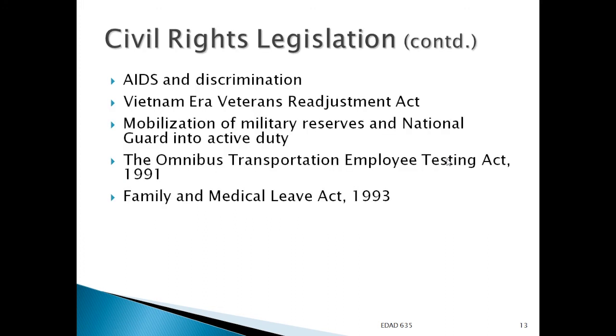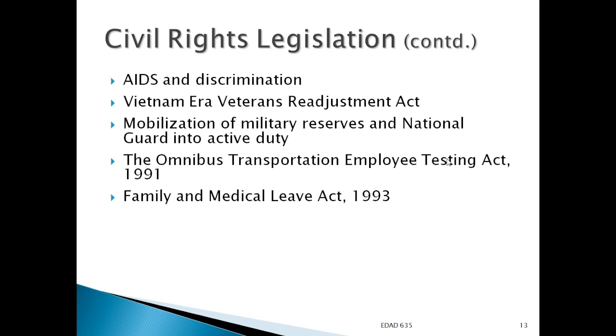I'm going on to slide 13. Further civil rights legislation: AIDS and discrimination, Vietnam era Veterans Readjustment Act. These deal with various ways in which an employer cannot discriminate against employees, and sometimes have even farther reaching implications in that they can be applied to the students inside a school district.